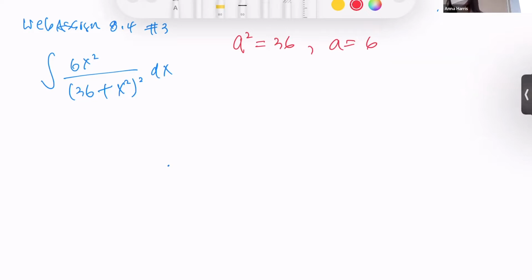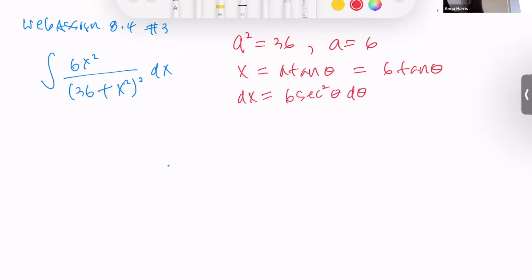Okay, now what shall I use as x? Is a tangent, right? The format looks like a tangent, right? So I'm gonna say a tangent theta. In this case, it is 6 tangent theta. So we got that. All right, now I'm gonna say, okay, what is my dx? dx would be what? 6 secant squared theta d theta.